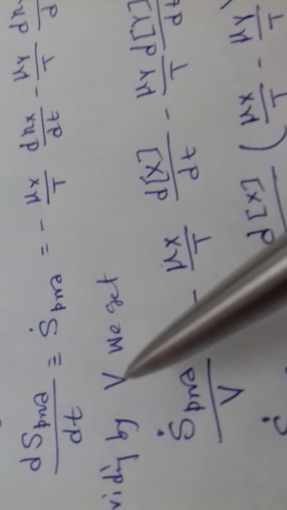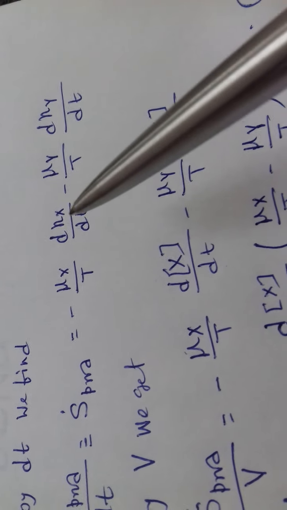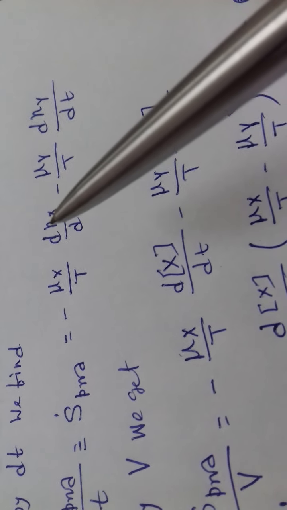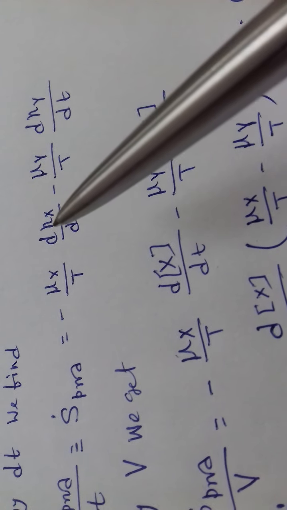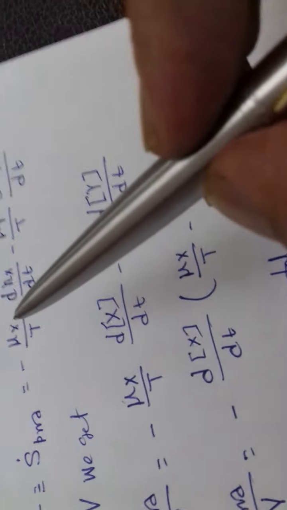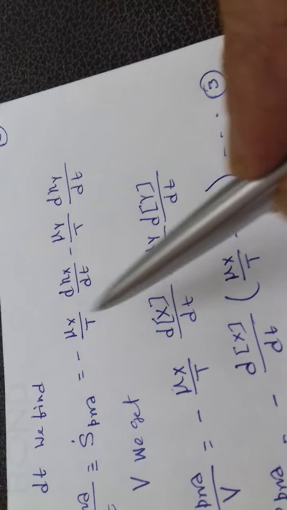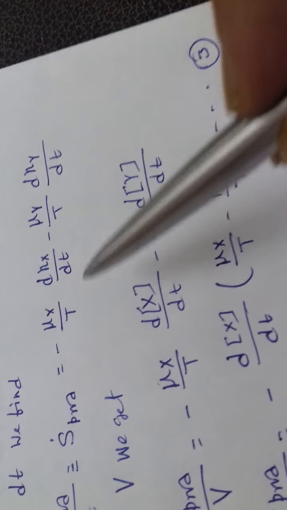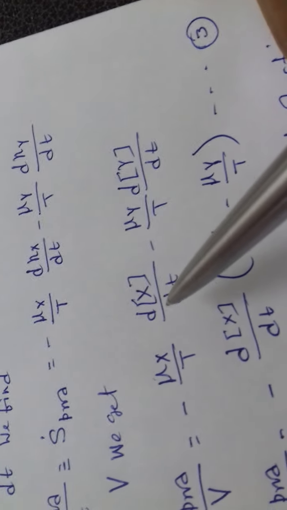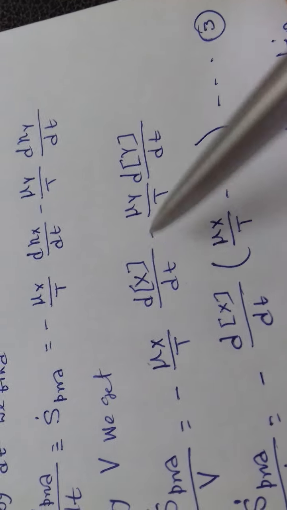Now dividing both sides by V, the total volume, we get S prod dot by V equal to minus mu x by T into dx by dt, because nx, the number of moles, divided by volume is the concentration. So concentration is nothing but the number of moles by volume. If you divide this relationship by V, the total volume, it becomes the concentration of x, and this becomes the concentration of y.